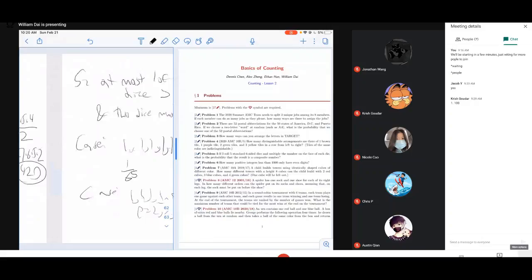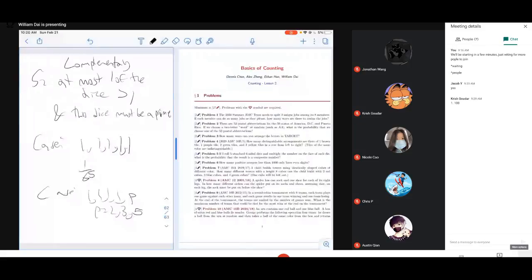We're finding the probability that it is not composite, and then subtracting it off. There's actually a number that's neither prime nor composite: 1. One's not composite or prime, so I should say non-composite instead of just prime.